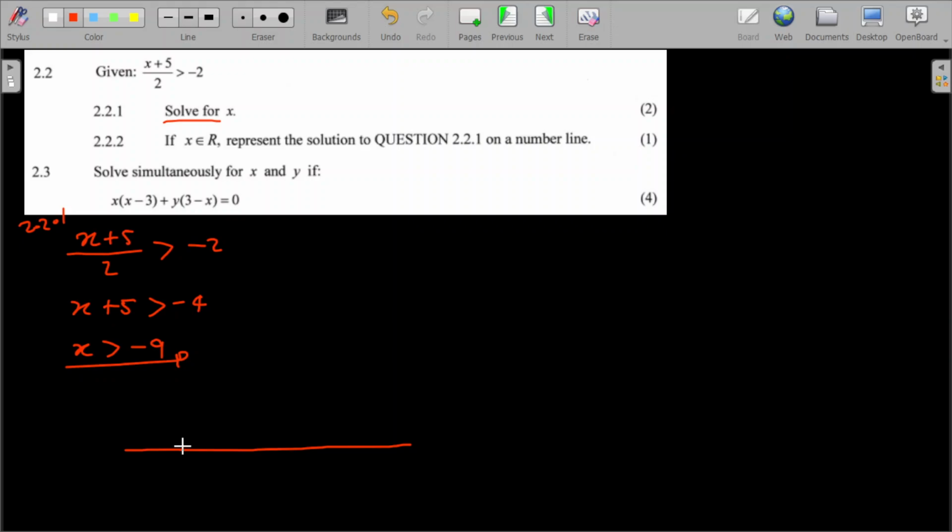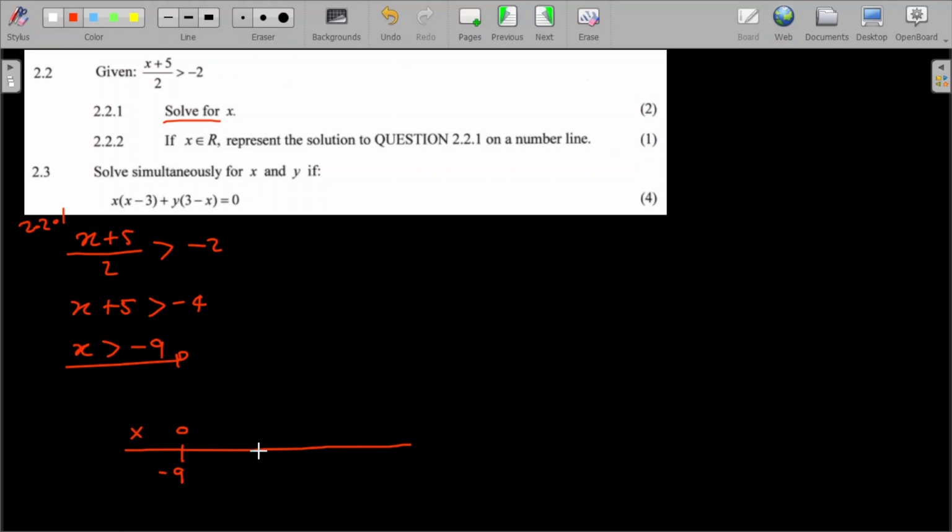this is my number line, and I'm going to have my dot that is not shaded, because I'm not including the number negative 9 there. Now from here, I'm having negative 9 here. So here they're asking me that the values of x are bigger than negative 9. So which are those values that are bigger than negative 9?